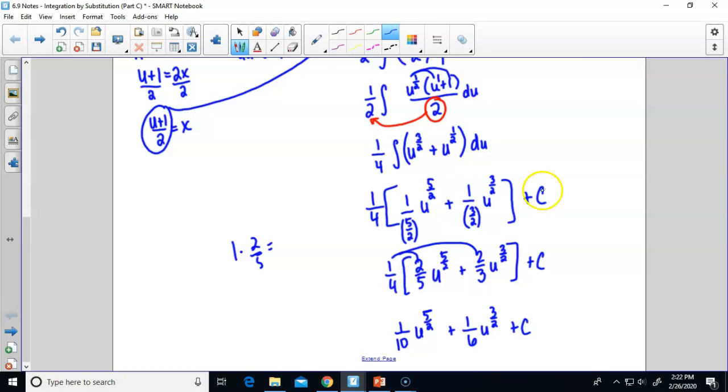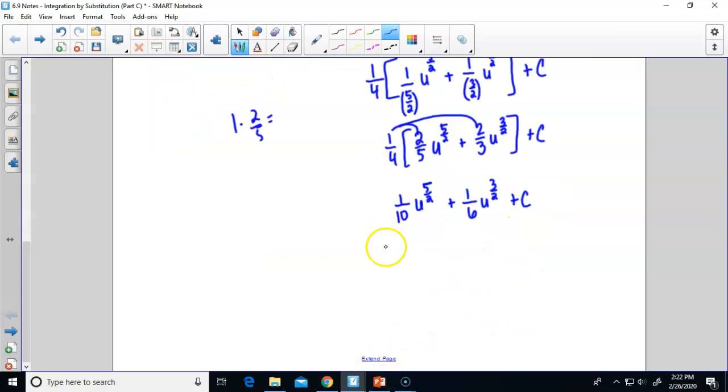So whenever you might need to distribute to your c, or add something to your c, or subtract something to your c, you can still just call it c, because c is an unknown number. c plus 7 is still an unknown number. It doesn't matter what you call it there. I could have put that c on the inside where it would have been 1/4 c, but 1/4 c could just be c. So I just left it on the end out here.